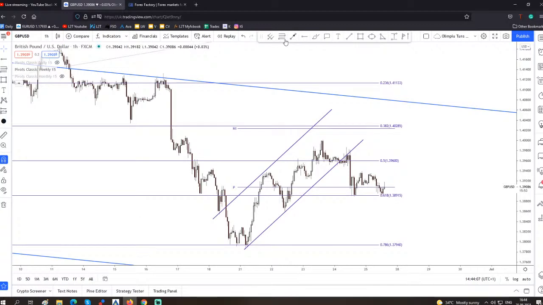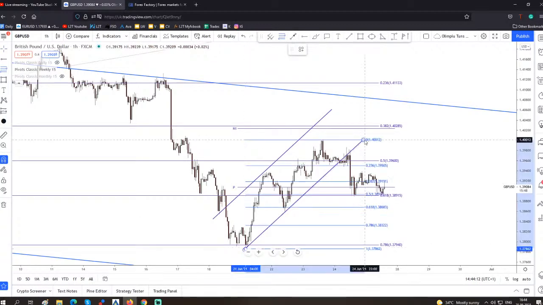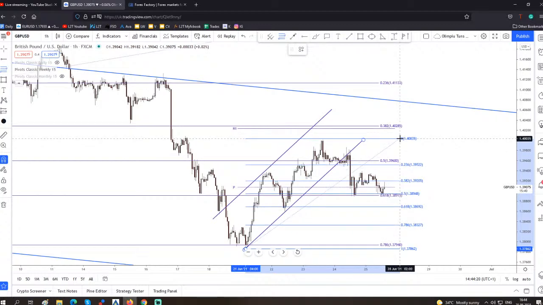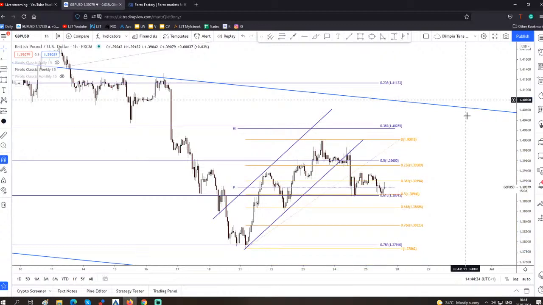Let's draw a Fibonacci retracement here on this last upside movement. It has increased, it has found support here on the 61.8, 50% retracement level, test, retest. Maybe we'll have a new long opportunity soon here on the British pound versus the US dollar, but we have to wait for confirmation, guys.